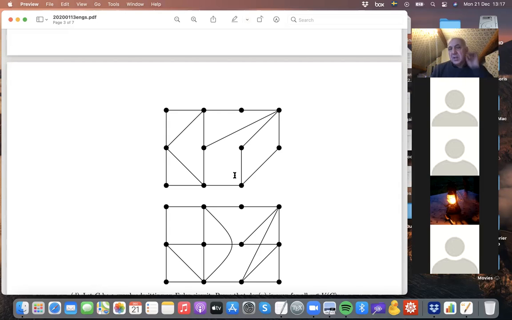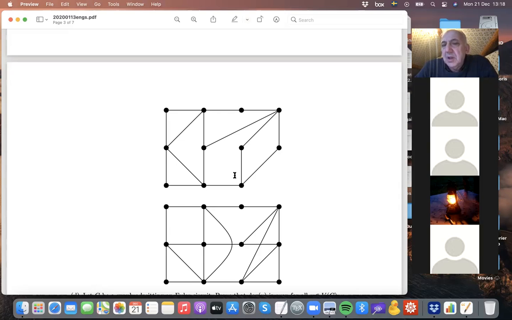The cycle should definitely be closed, and the circuit doesn't have to be closed. Okay. Yes, the circuit has to be closed. If the circuit has to be closed, then an Euler circuit is where you can repeat the vertices, but you can only visit an edge once, and you have to visit all the edges.